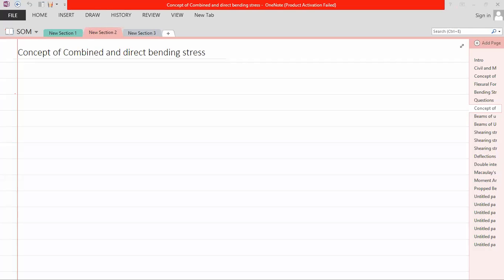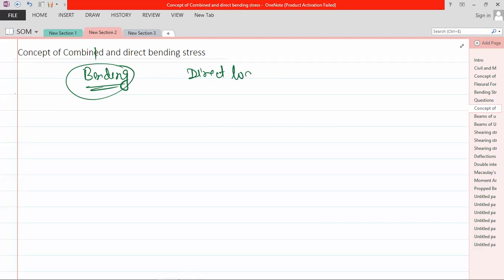So now earlier I discussed that the body is acted upon by only bending. Now I am going with bending and direct stress. Means you can say a combination of direct load that creates tensile stress, as well as bending moment that also creates tensile stress.